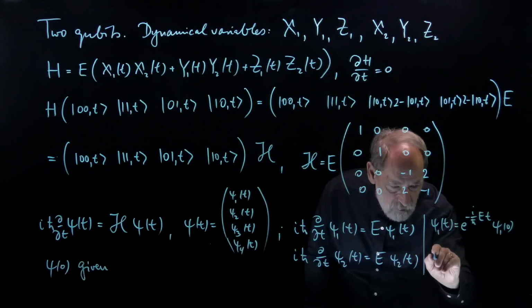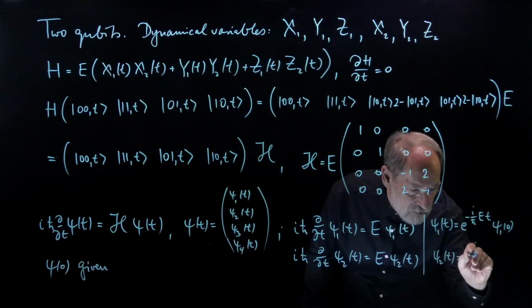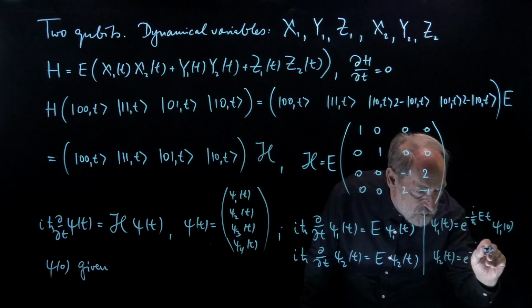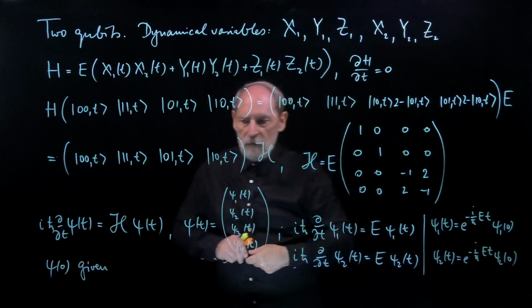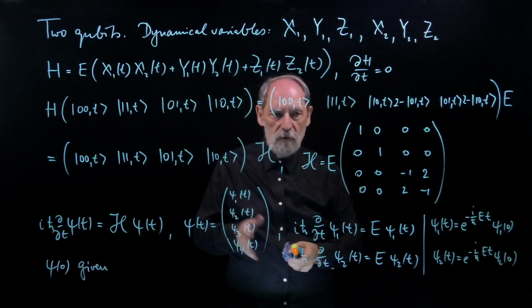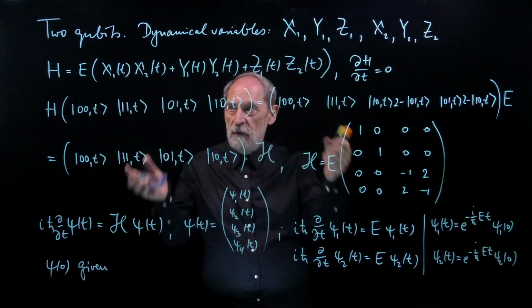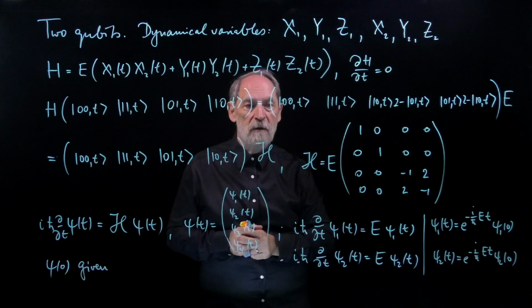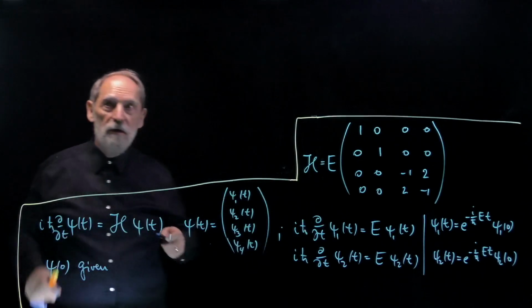And the same for psi 2: for psi 2 of t, we have e to the minus i divided by h bar E t psi 2 at time 0. Now, for psi 3 and psi 4, it's a little bit more complicated, and so we need a bit more space, which we will provide for ourselves. Alright, so now that we have empty space, we can continue.